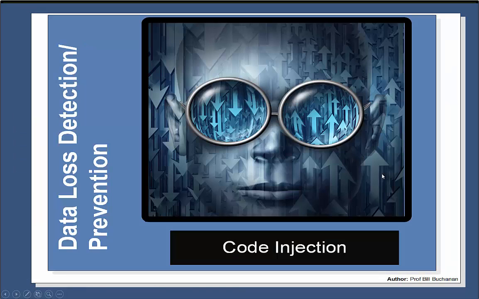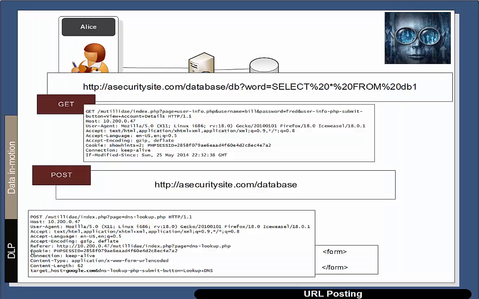Okay, so now let's look at code injection and see what the basic threats are here for code being injected into a page. The 2 main methods that we have when we're requesting a page from a website are get and post. The get is used when we enter in a URL.